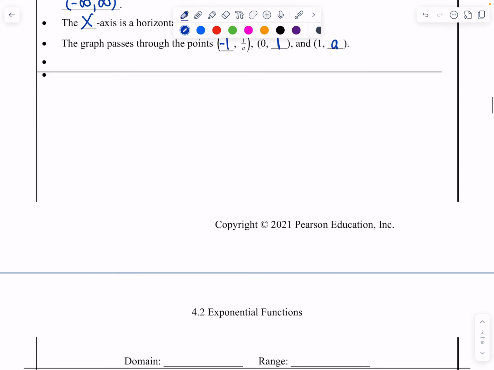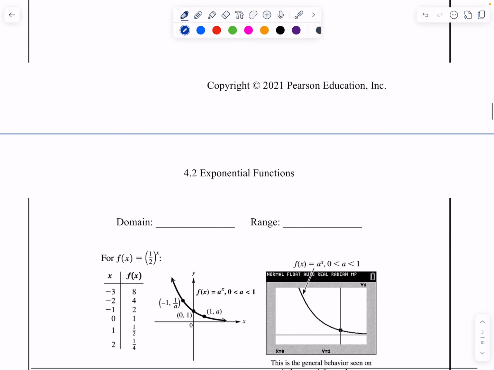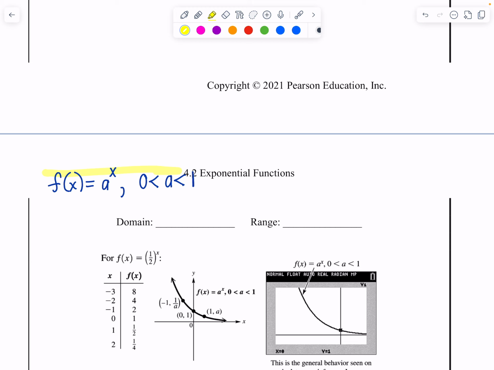Let's talk about when A is between 0 and 1, right? So once again, we have a function equals A raised to the x, and A is in between 0 and 1. That's what we're talking about. This is what we're referring to now.